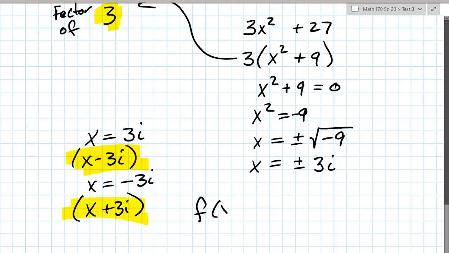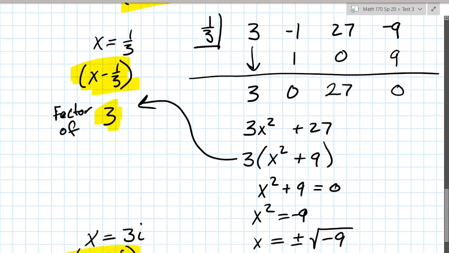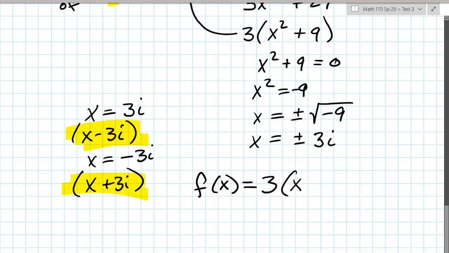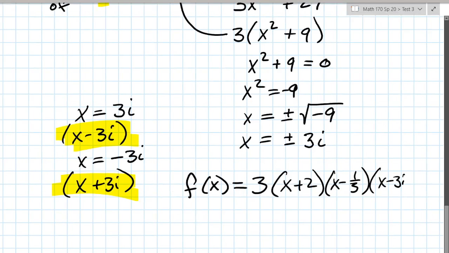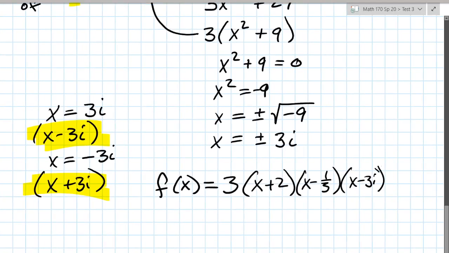So our polynomial f of x factors to 3 times x plus 2, x minus 1/3, x minus 3i, x plus 3i.